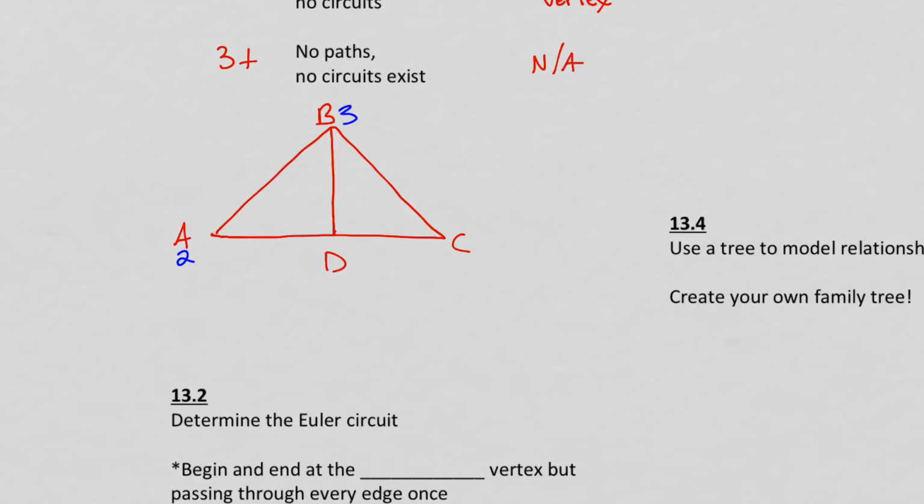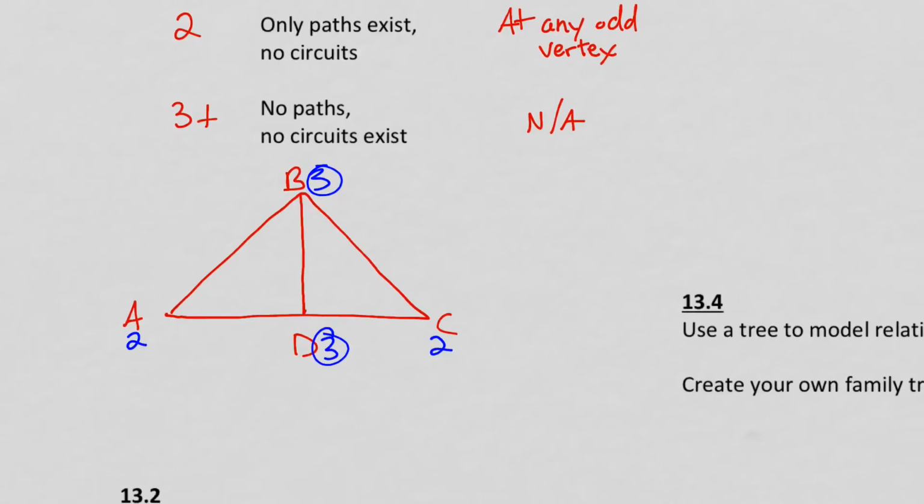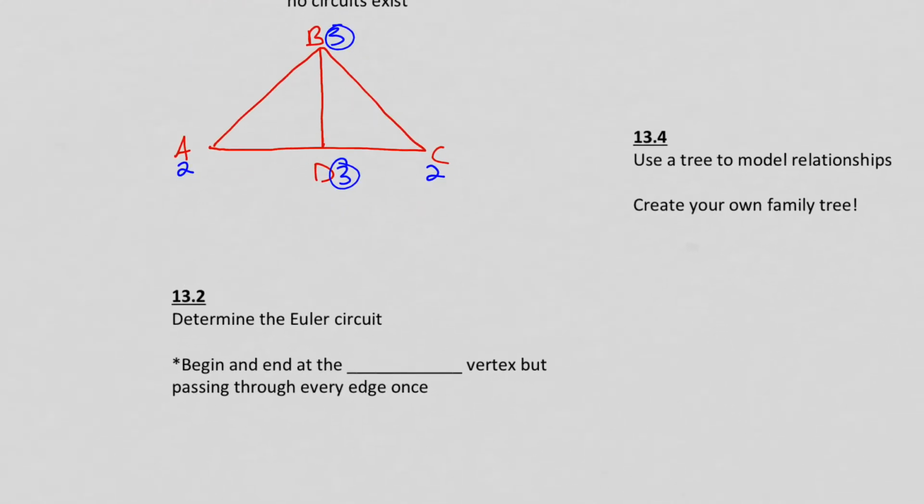B has 3, C has 2, and D has 3 as well. And so you can see we have two odd vertices here, which means that we do have an Euler path, but we don't have a circuit, and we can start at either B or D.